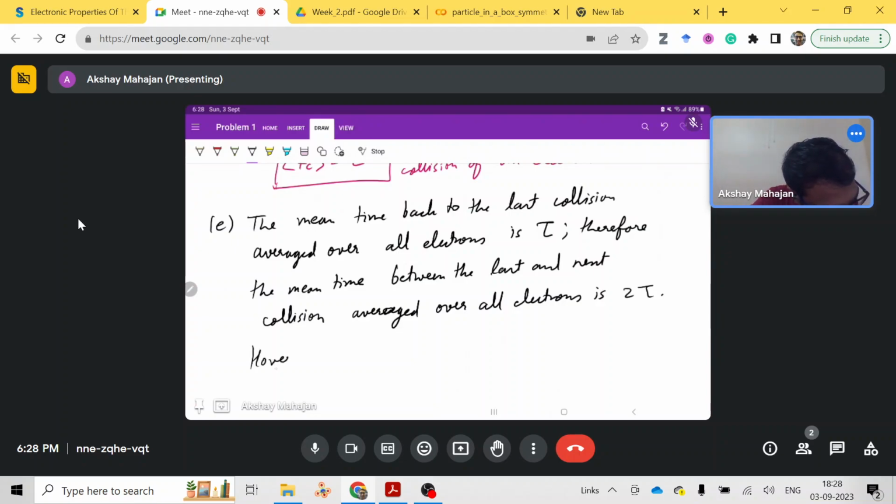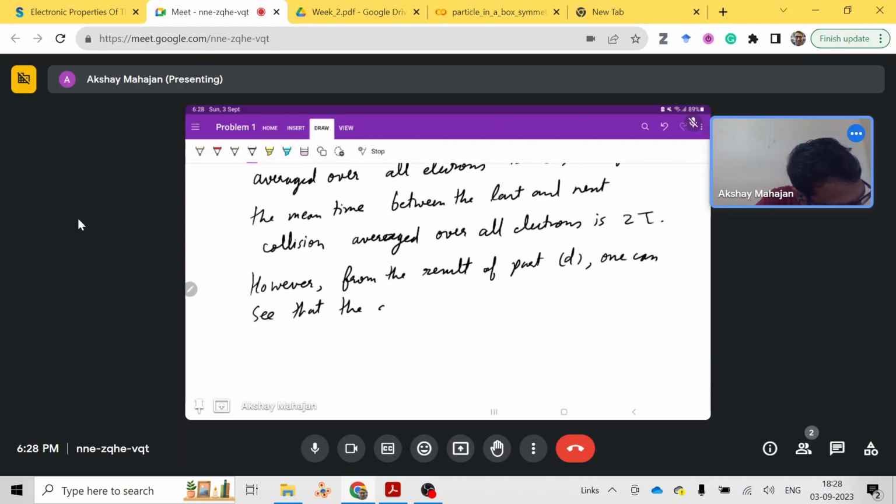However, from the result of part D, one can see that the average time between successive collisions is tau.